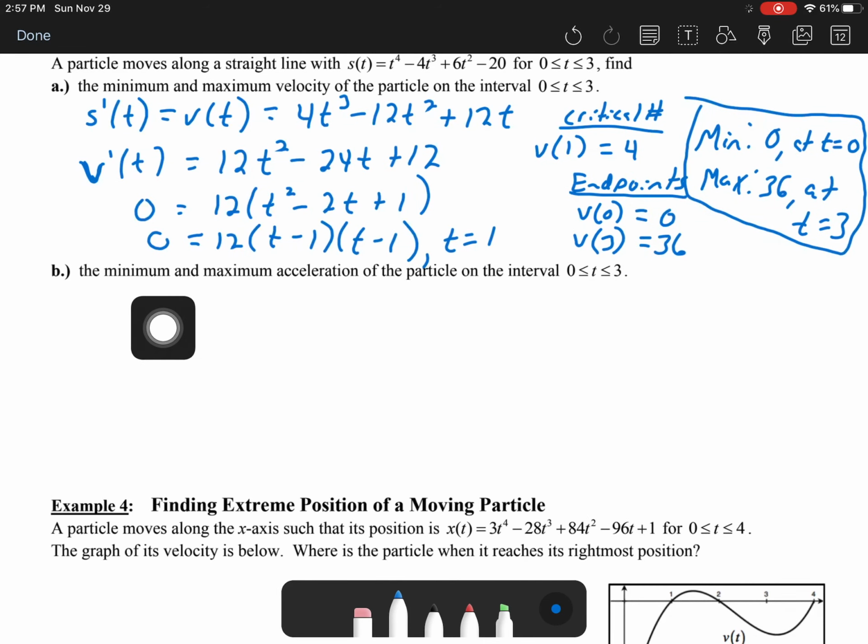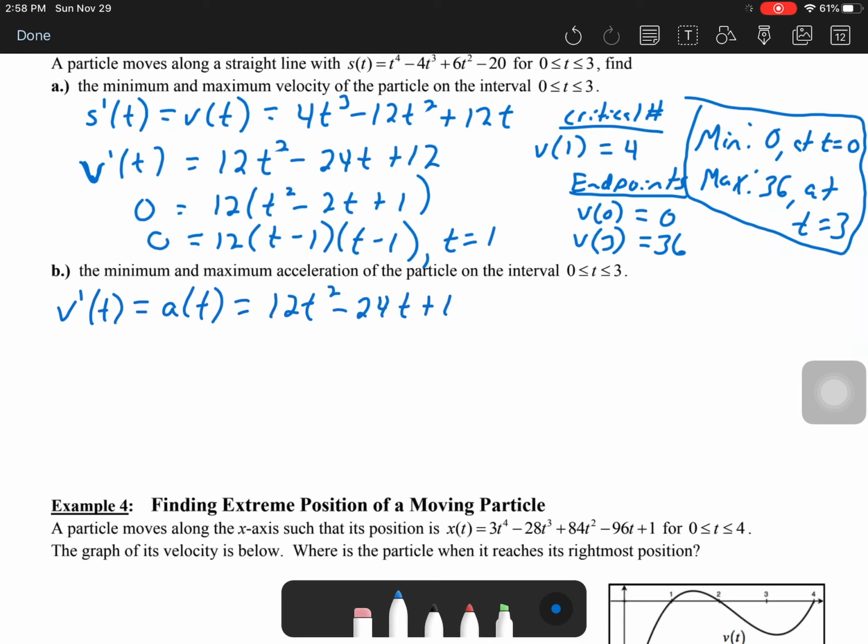Okay, now next question, our follow-up here is to find the minimum and maximum acceleration. Well, what we found here was an acceleration function, right? So our acceleration function, v prime, we already found that, which is the same as a, which was 12t squared minus 24t plus 12. So we're going to take this a step further now, right?